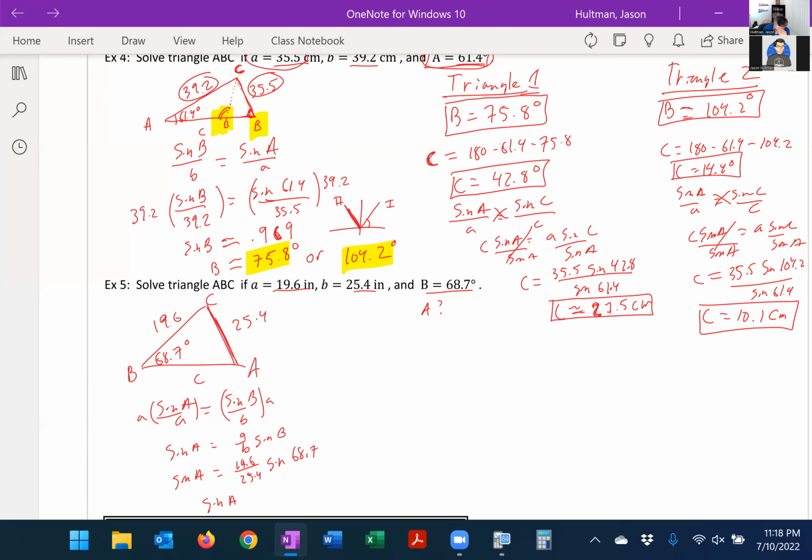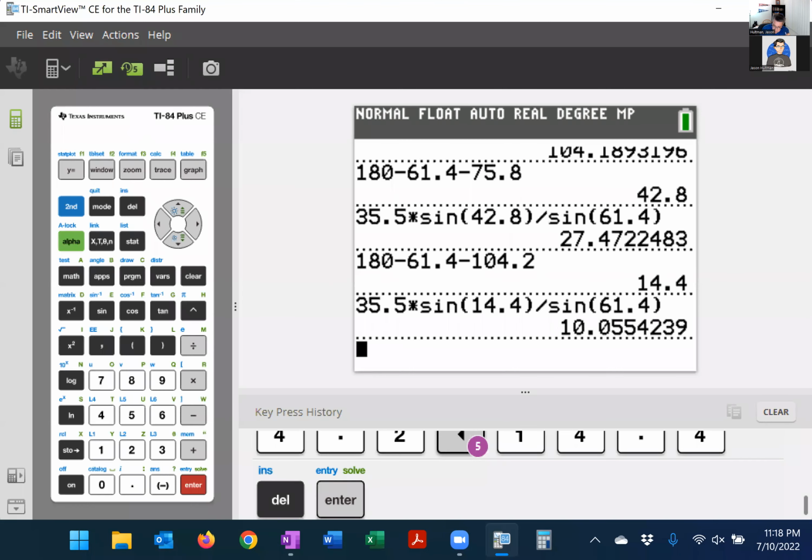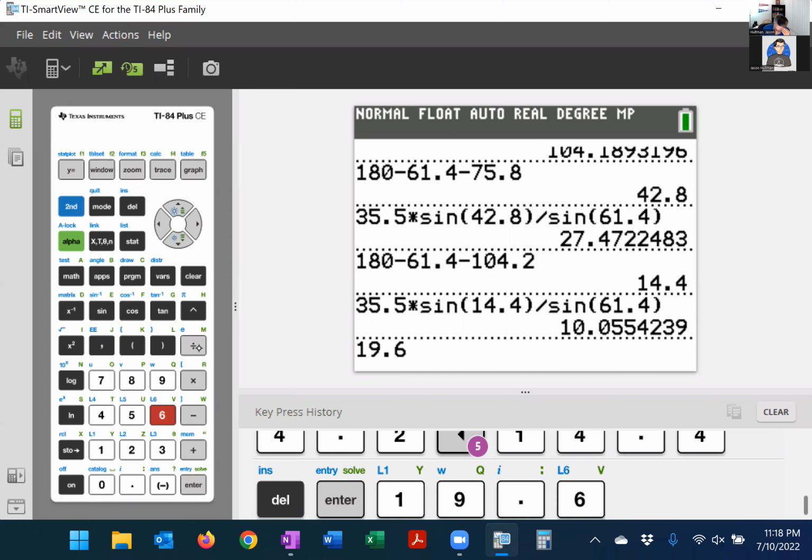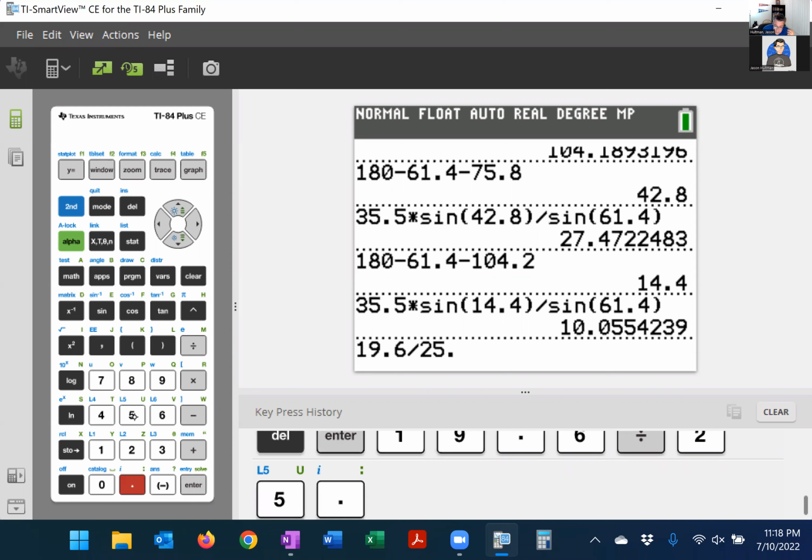So the sine of A is going to be equal to 19.6 divided by 25.4 times the sine of 68.7.